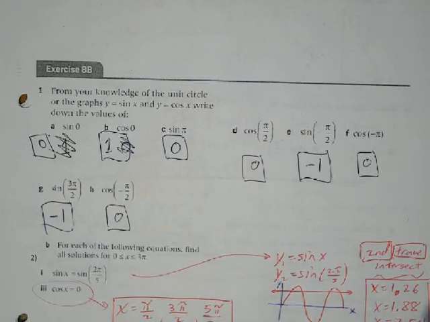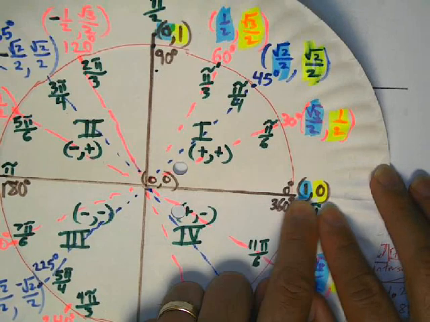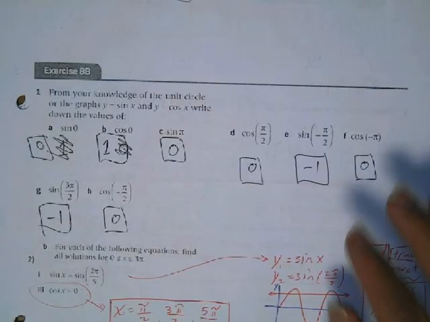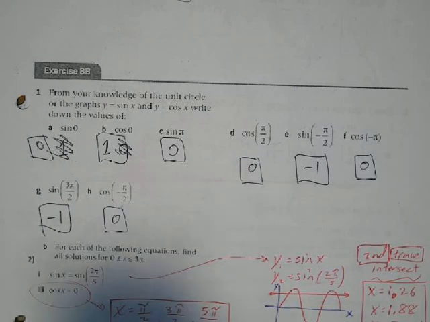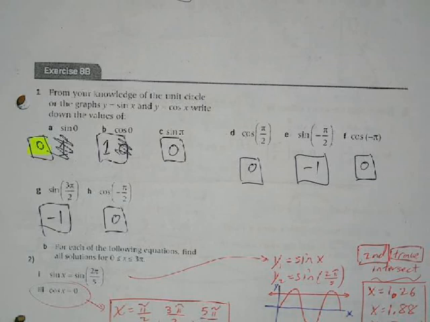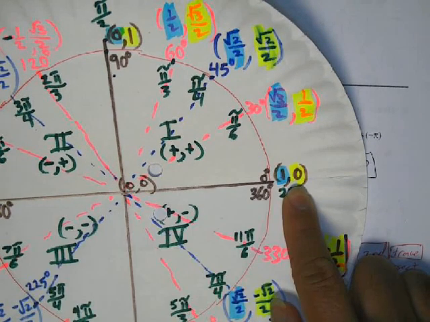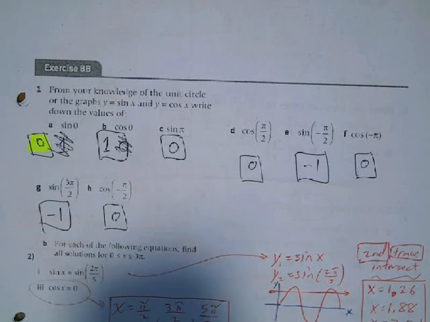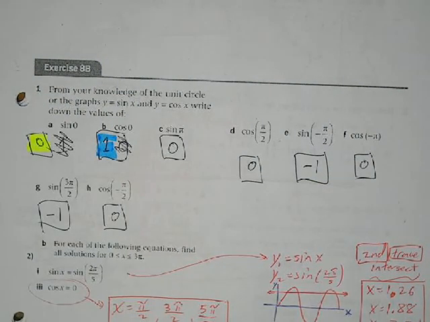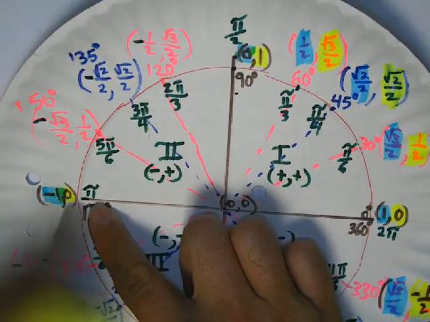Oh my goodness. So sine of 0, I go to 0 degrees, sine is the y value, I'm going to get 0. Okay, cosine 0 is the x value at 0 degrees, and we get a value of 1. Sine of pi, I go to my unit circle, I go to pi, sine is the y value, I get 0.